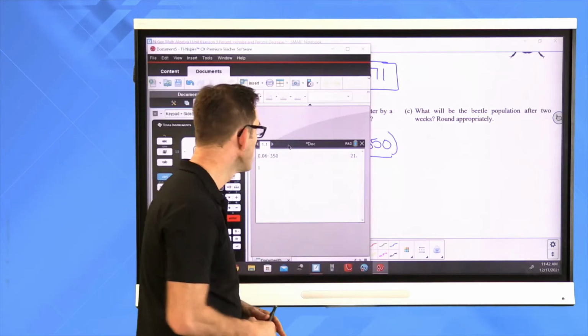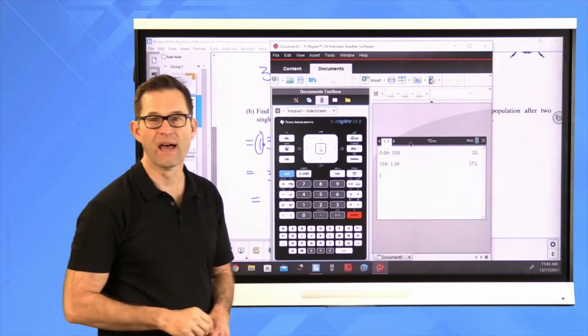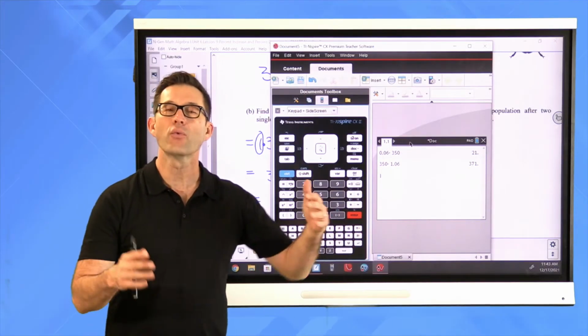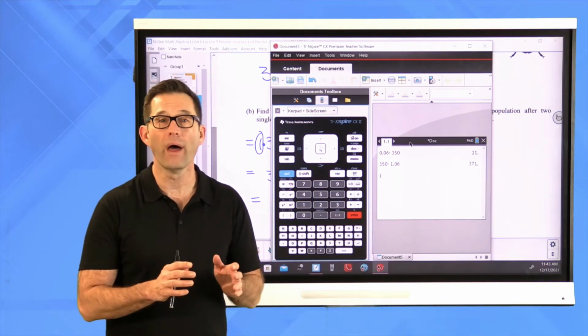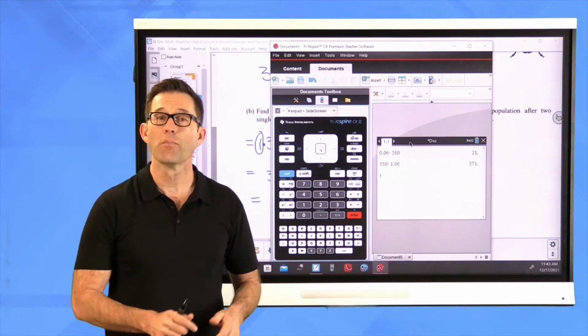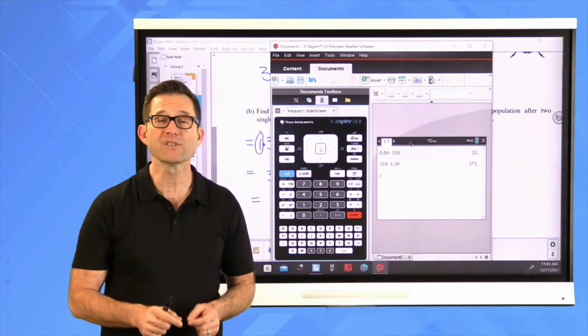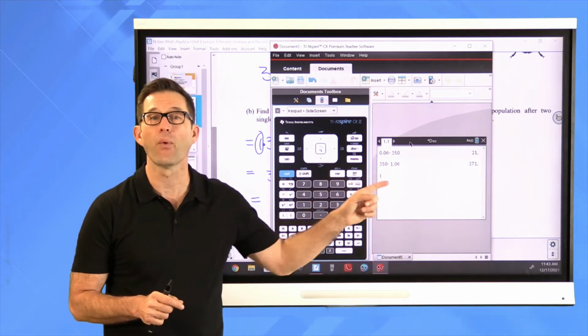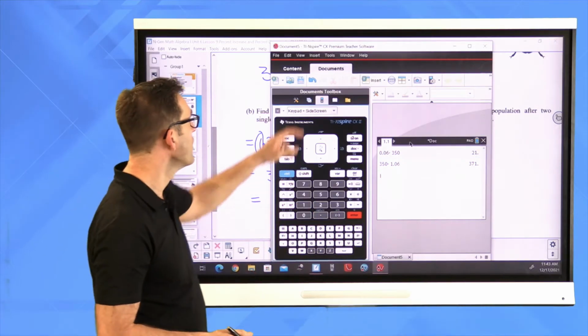So instead of doing 350 times 0.06, I'm going to do 350 times 1.06, and there's that 371. The reason that works is that by multiplying 350 by 1 plus 0.06, we're getting the original 350, that's the times 1, plus the 350 times 0.06. But we get it all by multiplying by 1.06.